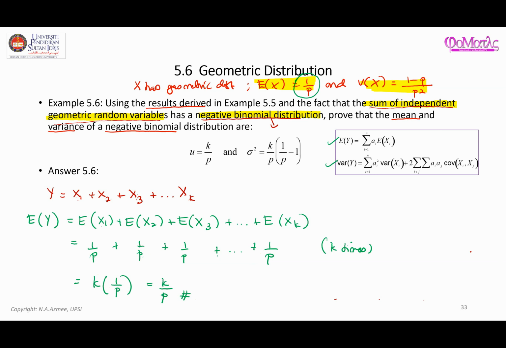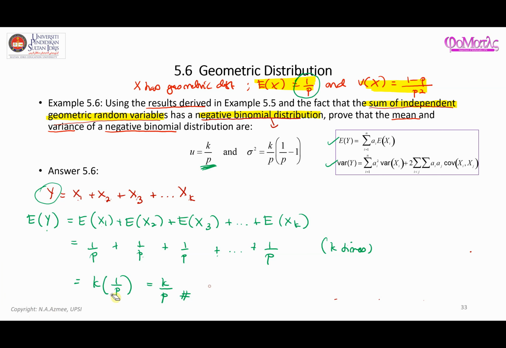This is similar to what you have seen right here. That's how you can find the expected value of Y. Y here is a negative binomial random variable that represents the number of trials where the kth success happens. Okay, now we're going to move on to finding the result for the variance of Y.